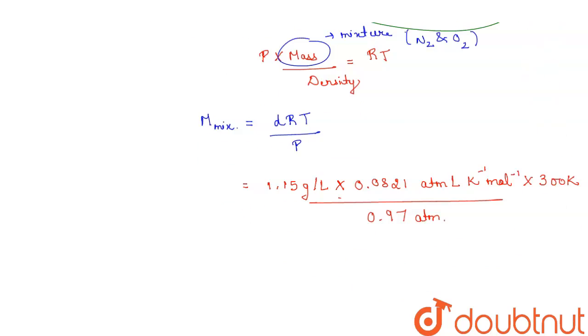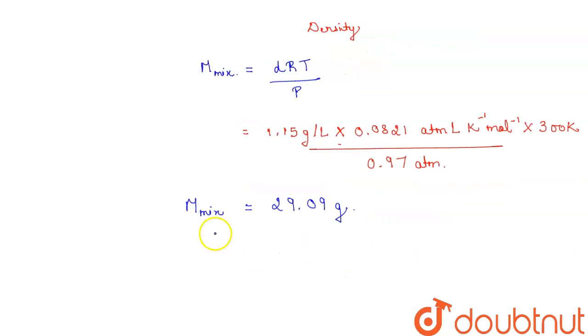After solving this, we get the mass of the mixture as 29.09 grams. Now this mass of the mixture is equal to the molar mass of nitrogen into the mole fraction of N2 plus the molar mass of O2 into the mole fraction of O2.